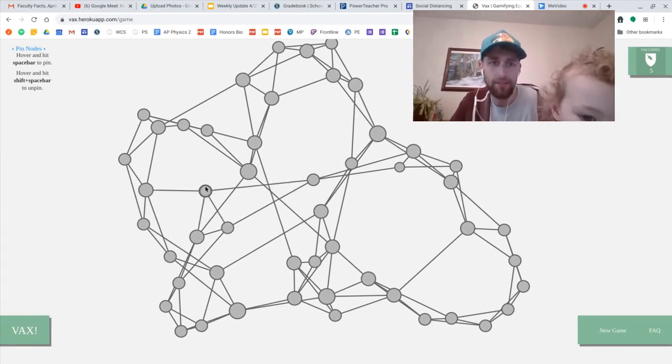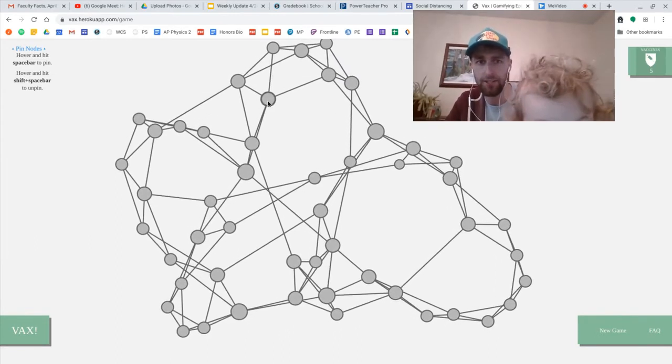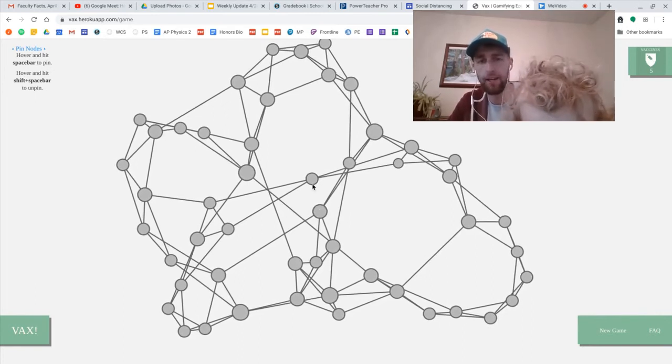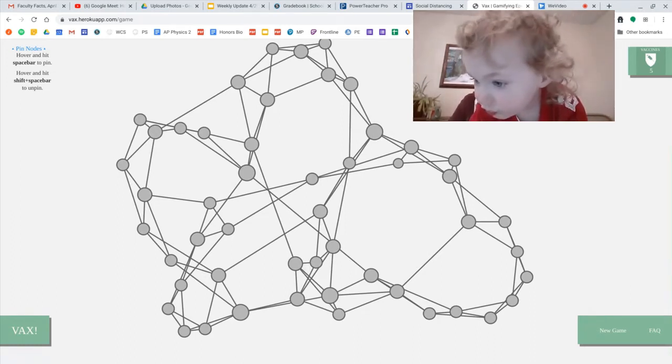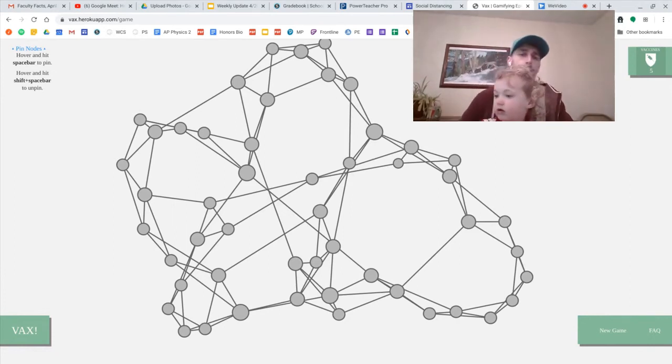So the lines between the different dots represent social connections between those people. And those are in-person physical connections. So those are other people that they're either coming close to, or maybe shaking hands or sharing objects with, or some way that it's possible to transmit a disease from one person to another.